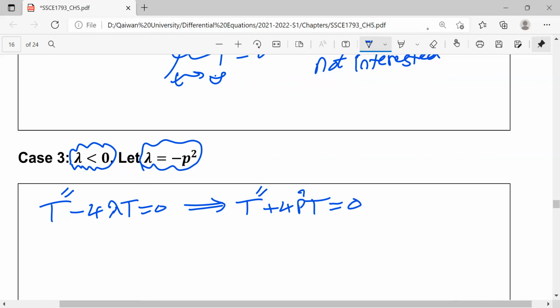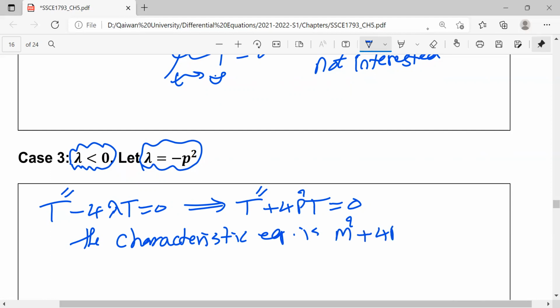And now we find the characteristic equation. So the characteristic equation is, we replace T double prime by m squared plus 4p squared, and we replace T by 1. It equals 0.